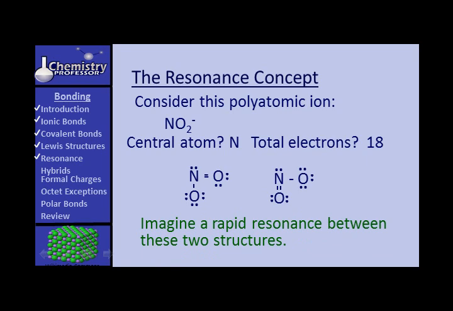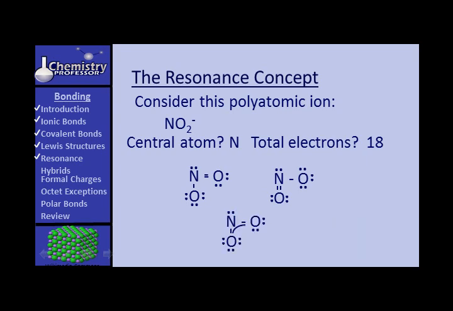Imagine a rapid resonance between these 2 structures, moving back and forth very rapidly, vibrating, flipping back and forth between the 2. And you get something that looks like this. Now, this is called a parent, and this is referred to as the hybrid offspring, or the hybrid of those parents.